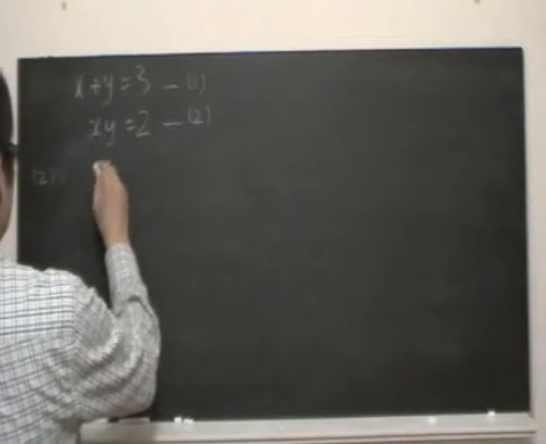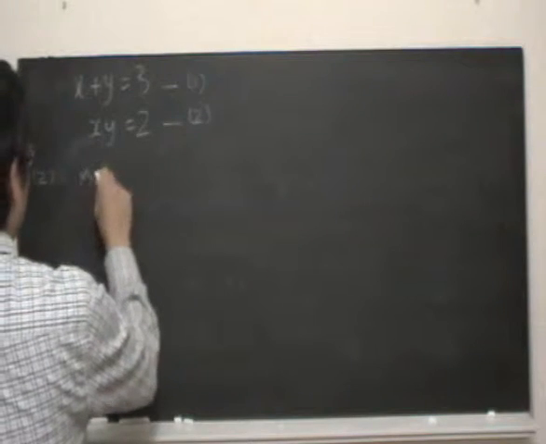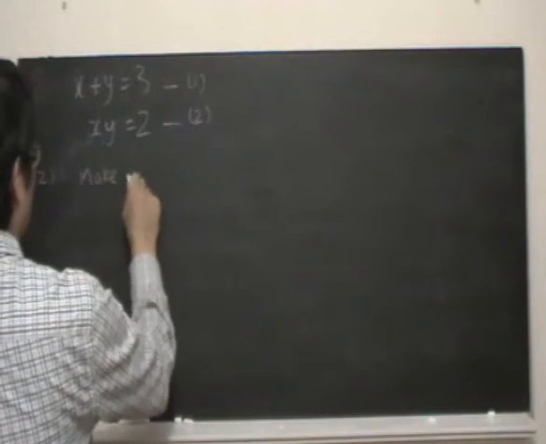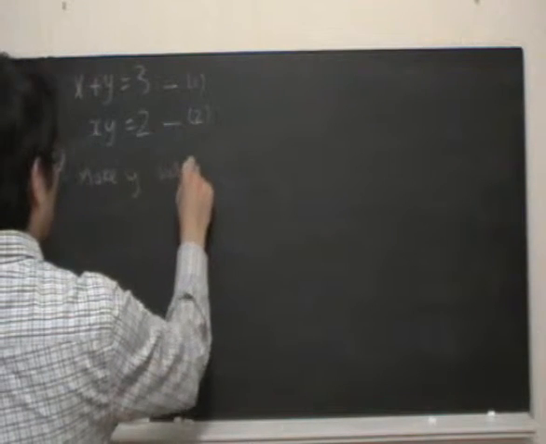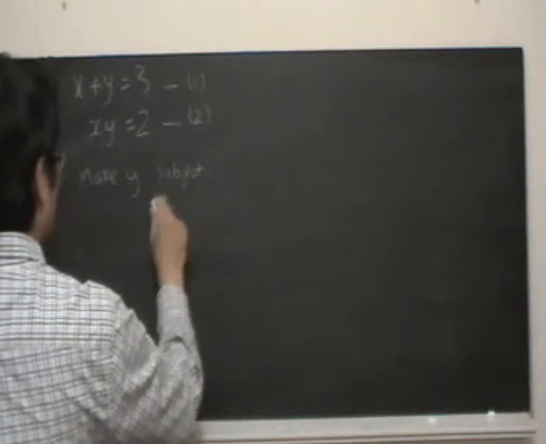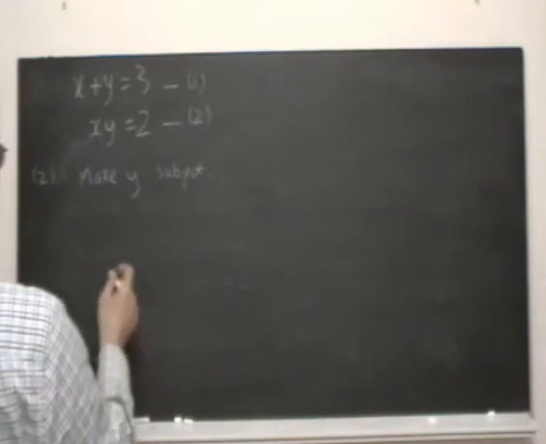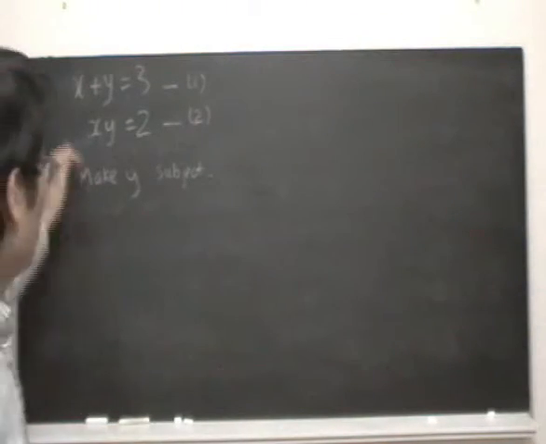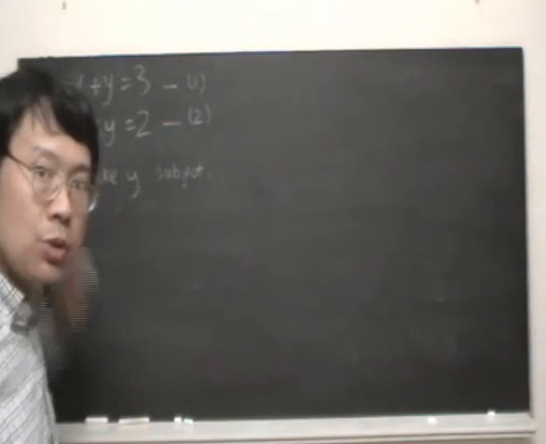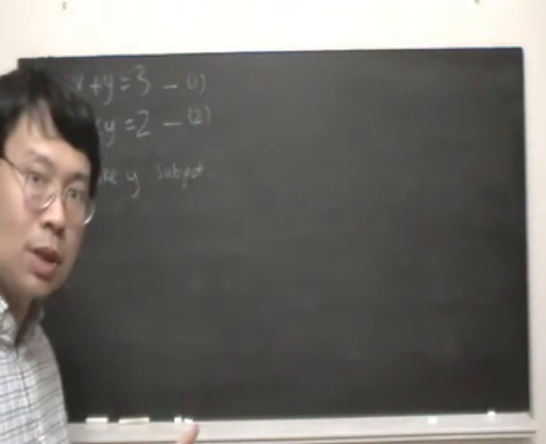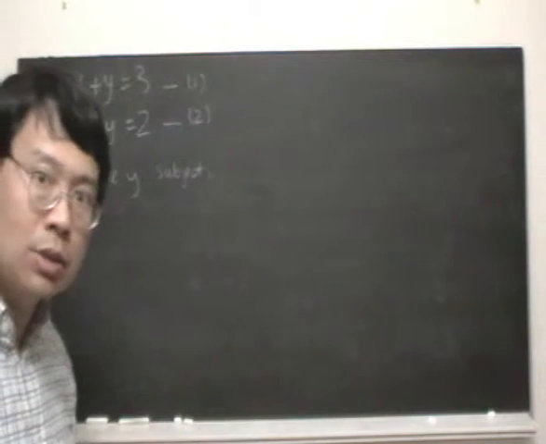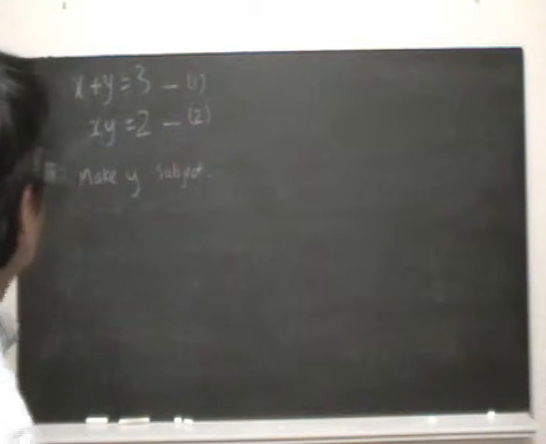So in 2, we want to make y the subject. So that means we want to rearrange equation 2 so that we only have y on one side and all the other things on the other side.